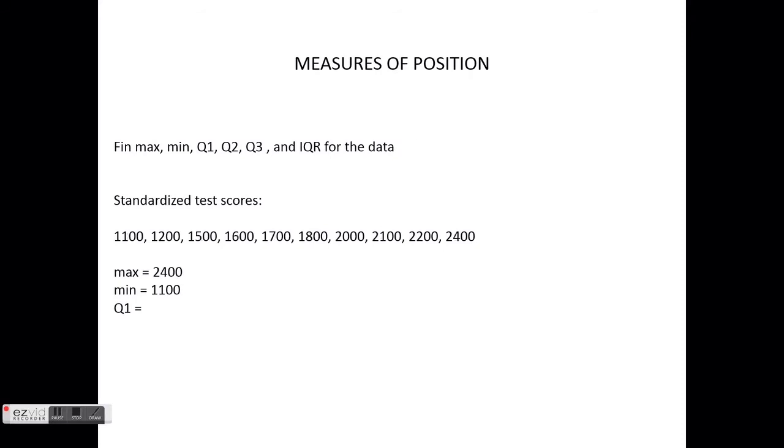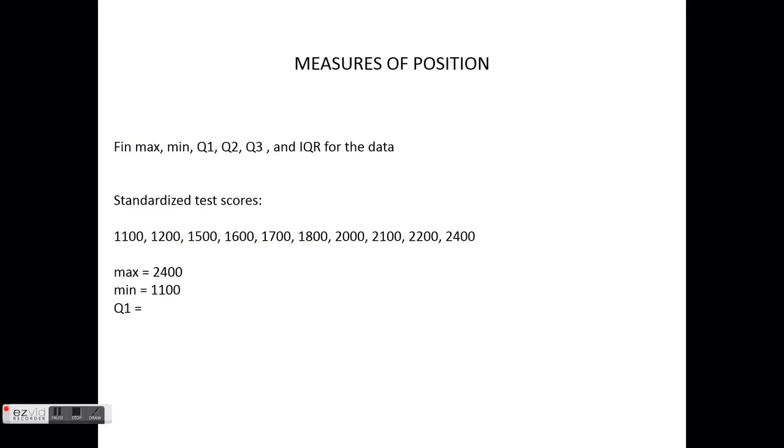Now I've arranged the numbers from lowest to highest. We can identify the max and the min pretty easily: 2400 is the max, 1100 is the min. Because we're defining our quartiles by using the median of the lower half and the median of the upper half, we first have to find the median of the entire data set, which is the second quartile.